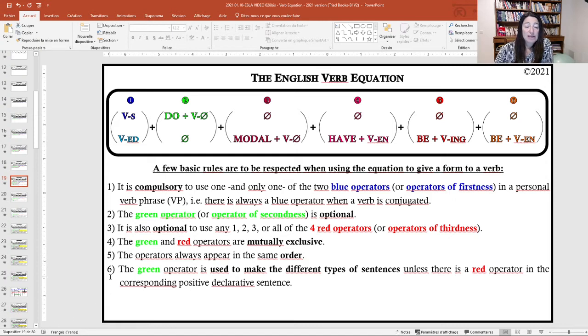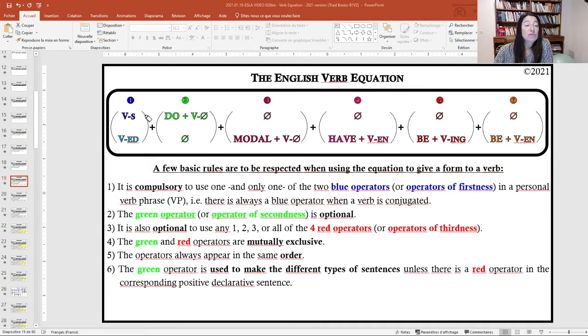The 6th point that I have highlighted here, we've already mentioned it too, so it's really easy. The green operator is usually the one that we use to make the different types of sentences, unless there is a red operator in the basic sentence, that is to say the positive declarative sentence. And as you already know, we need to choose either VS or VED.